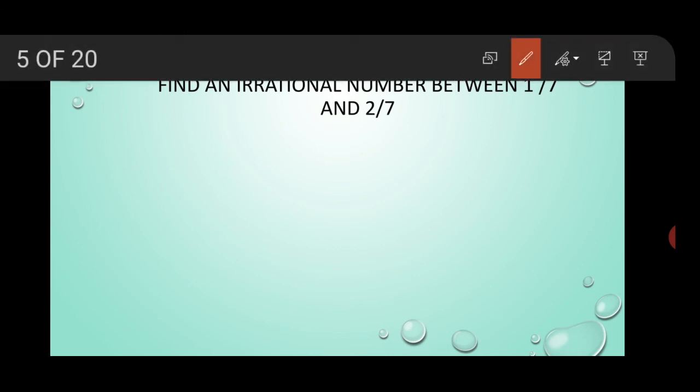The decimal expansion of 1 by 7 you already found. Recall, 1 by 7 is equal to 0.142857, again 142857. See, this block of the decimal expansion is repeating.